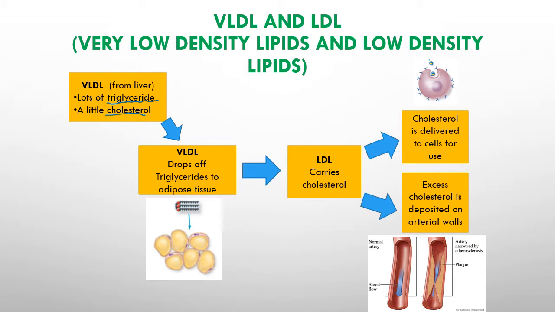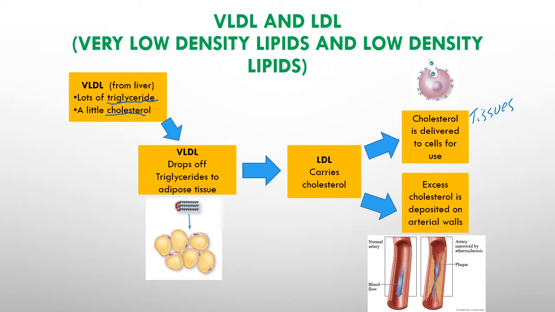The LDLs, rather than carrying the triglycerides, are now carrying a large amount of cholesterol, and that cholesterol is either going to go out to the tissues. At the tissues themselves, our cells are going to be able to utilize that cholesterol. If you remember back to the cell membranes, as much as 20% of the plasma membrane is actually made up of cholesterol.